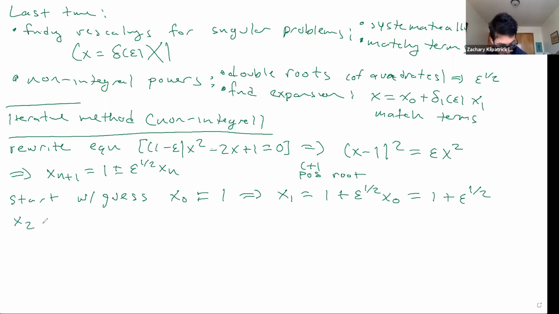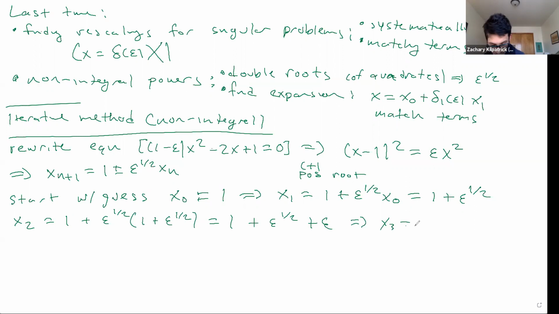This looks like what we got from our expansion method from before, and also just expanding the original full solution. x2, right, is going to be epsilon to the 1/2 times 1 plus epsilon to the 1/2, which now if you work it out, you get 1 plus epsilon to the 1/2 plus epsilon. Okay, so everything just passes through.